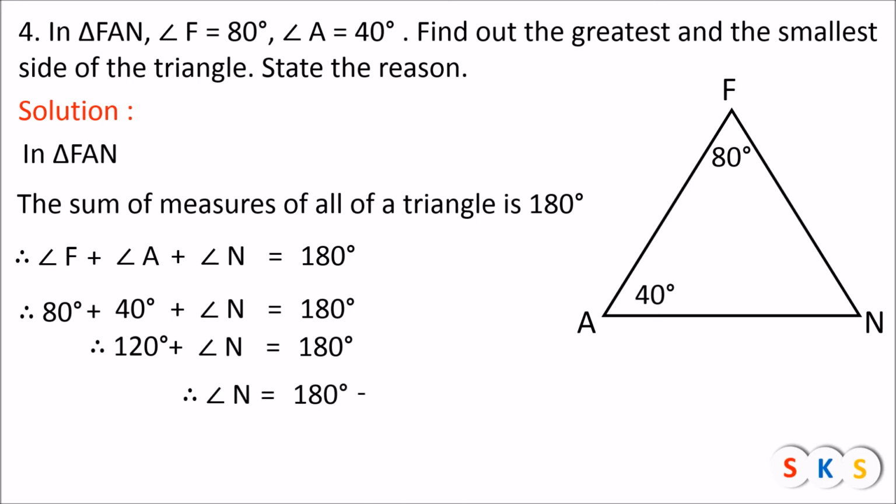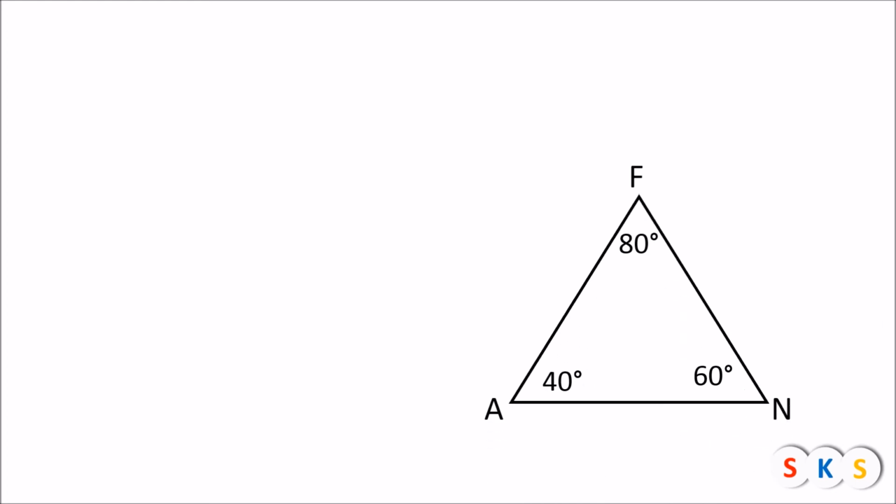Now we are very sure about the greatest angle and smallest angle of this triangle. So now what we will do, we will arrange those degrees in descending order, greatest to smallest. So we know that 80 degrees is greater than 60 degrees and 60 degrees is greater than 40 degrees.